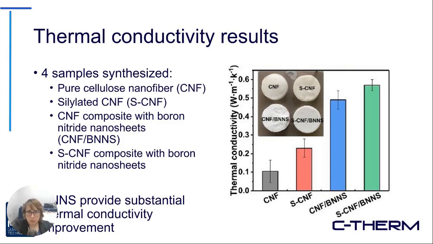So, from this work, the authors were able to conclude that these boron nitride nanosheets provide a substantial thermal conductivity improvement over the cellulose nanofiber gel materials, and therefore they're promising for application in and other systems where you need a very lightweight structural support, but you also need to be able to move heat away from where it's being generated.